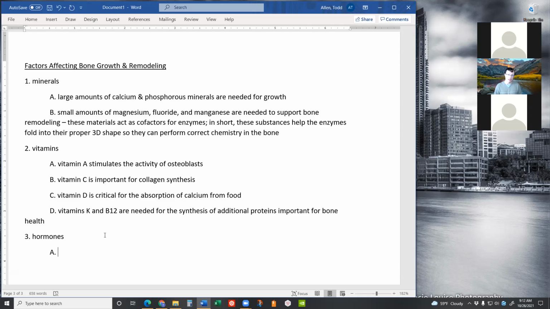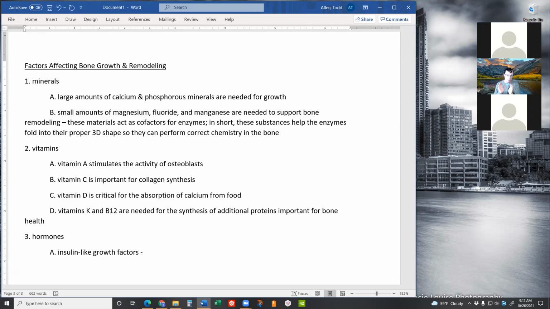In addition to insulin, there are hormones that are similar to insulin, and their names are insulin-like growth factors. These are proteins. They're hormones, but biochemically, they are proteins.